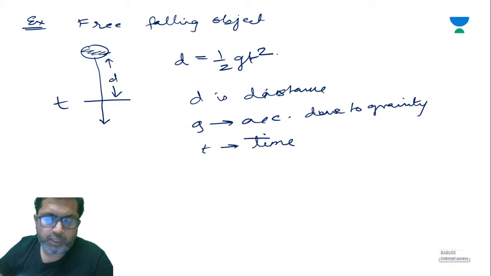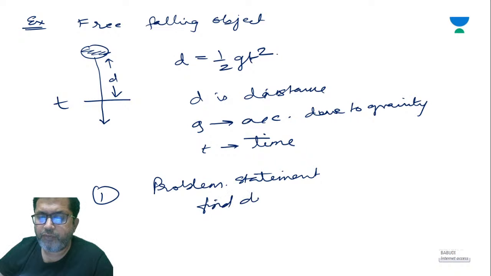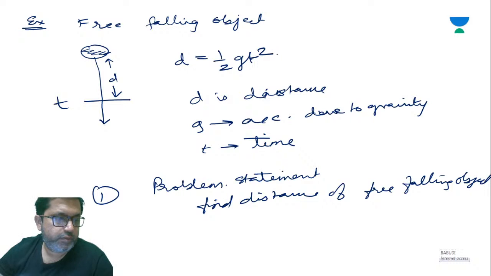So we'll solve this with the 5 steps we know. First step is the problem statement. What is the problem statement? Find the distance of a free falling object.